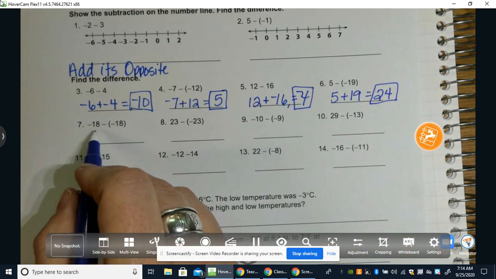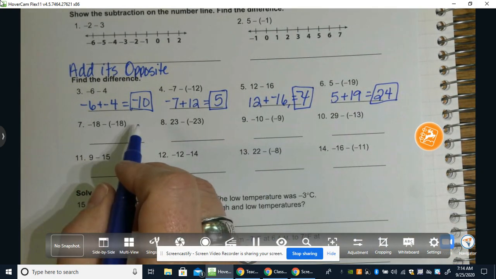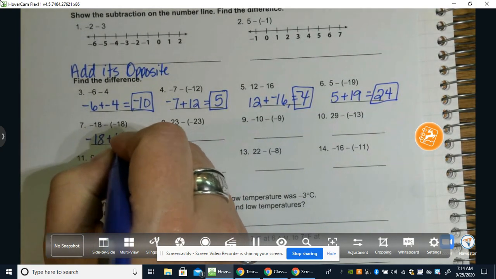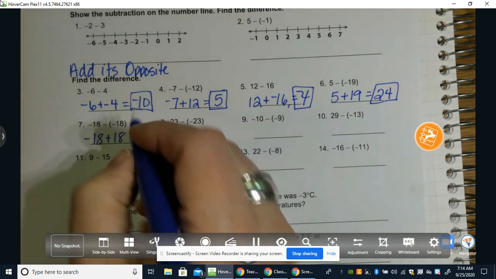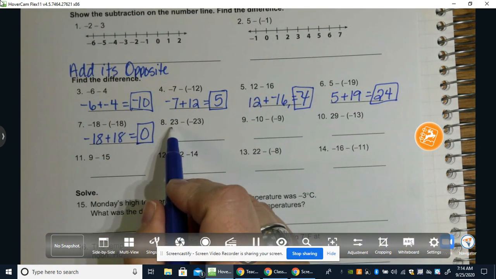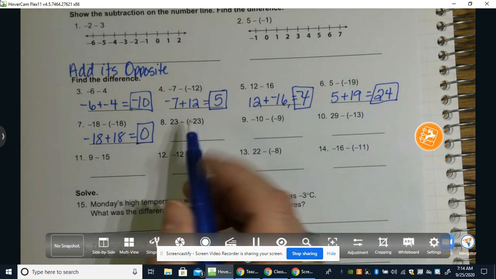And then next one down here, -18 minus a -18, -18 plus 18, well, that's an integer and its opposite, so the total is always going to be 0. Here we have 23 minus a -23.